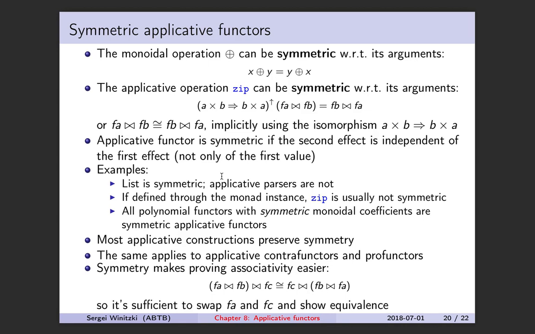Parsers are not symmetric because when you do applicative composition of parsers, the first parser already might have consumed some part of the input string, and the second parser starts from the place left over by the first parser, when the first parser stopped. And so the second parser depends on this effect.